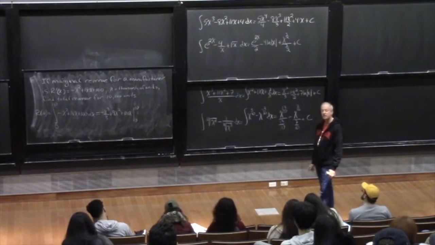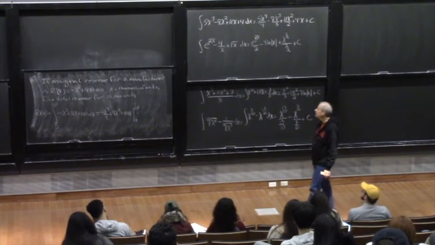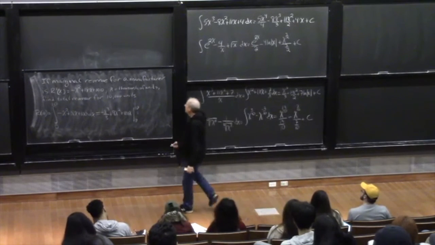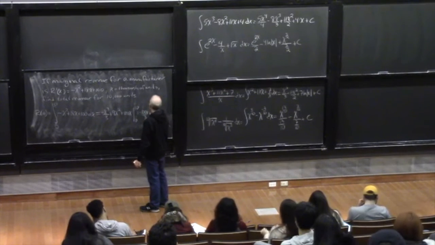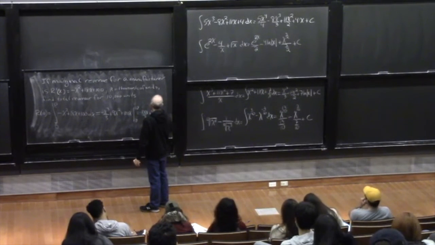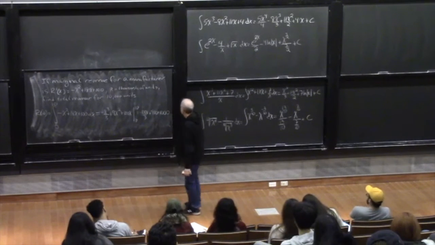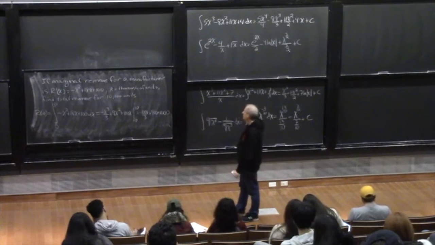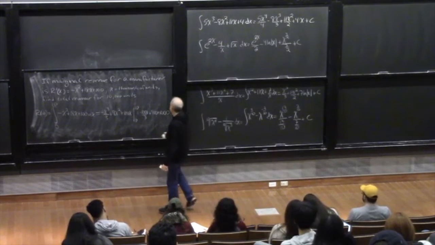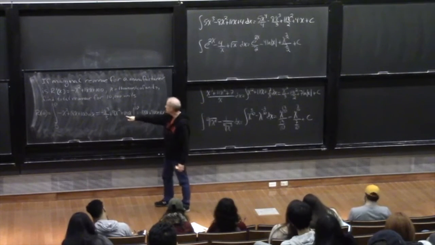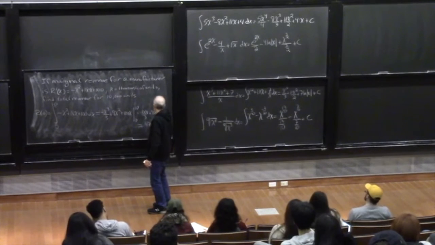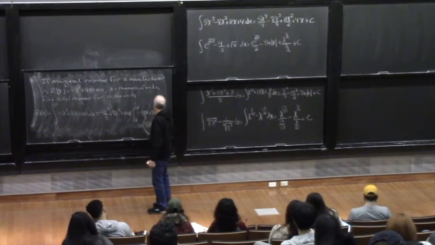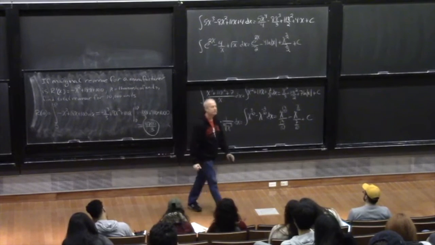Then you plug in, and you get negative 1,000 over 3 plus 900 plus 1,000, which is 4,700 over 3, minus 0, because when you plug in 0, these are all 0. And you know that's some number of dollars.